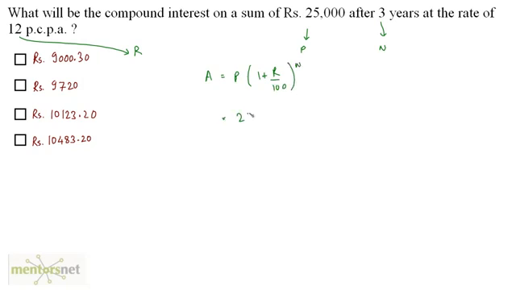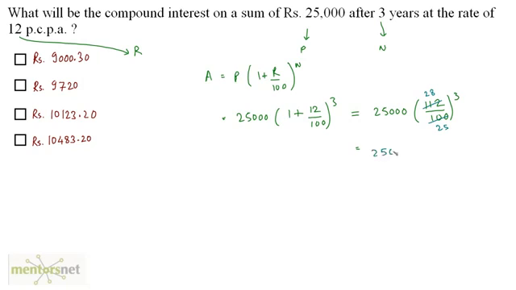So principal is 25,000 into 1 plus rate is 12 upon 100 raised to 3, right? So this is equal to 25,000 times 100 plus 12, that's 112 upon 100 raised to 3. So now if you divide 112 by 4 you get 28, and 100 divided by 4 is 25.